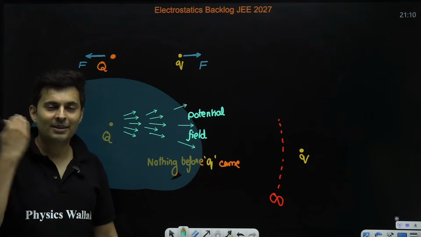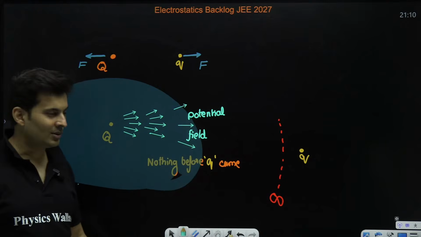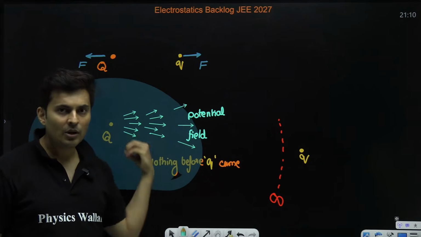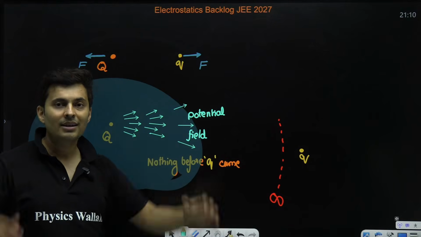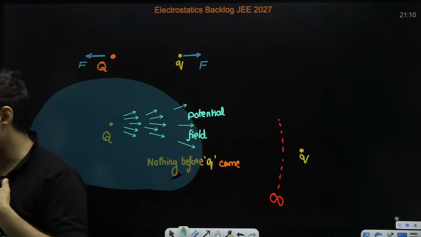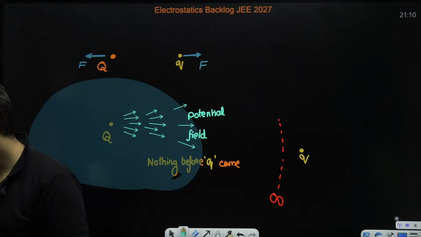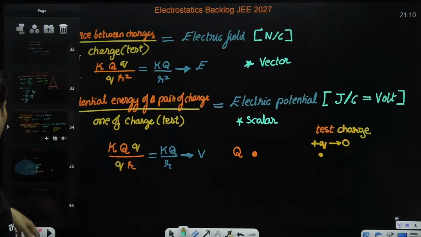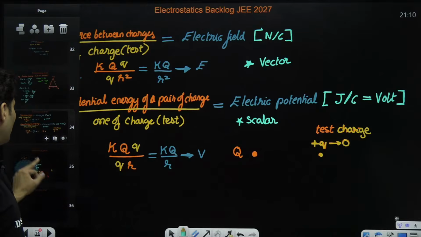But when you get the result, when you get the mark sheet, that's when you have the force. Think of it like that. That is the difference between force and field, or potential energy and potential. Am I absolutely clear? I hope you are understanding this conceptually. Okay, perfect. So that is force and field, and potential energy and potential.